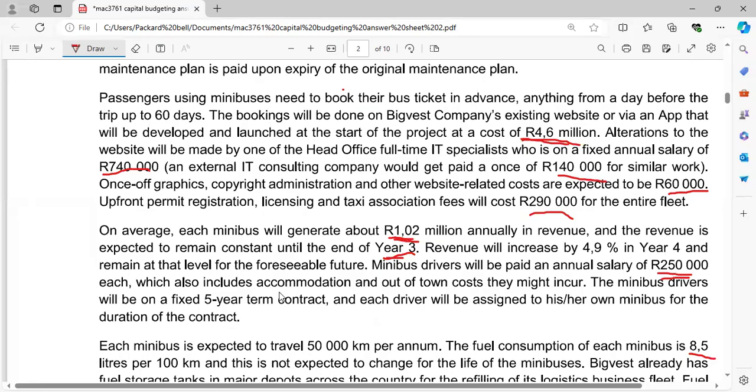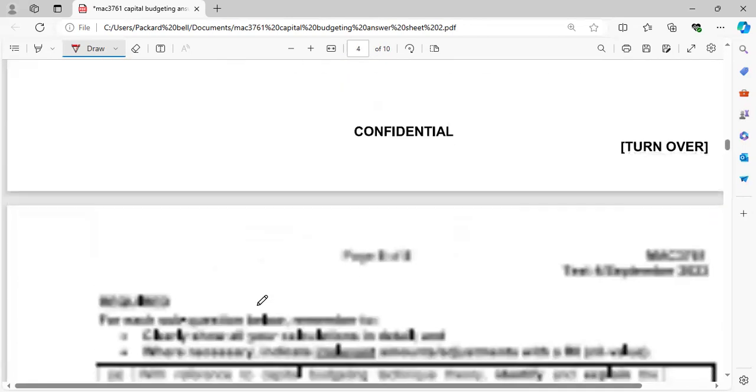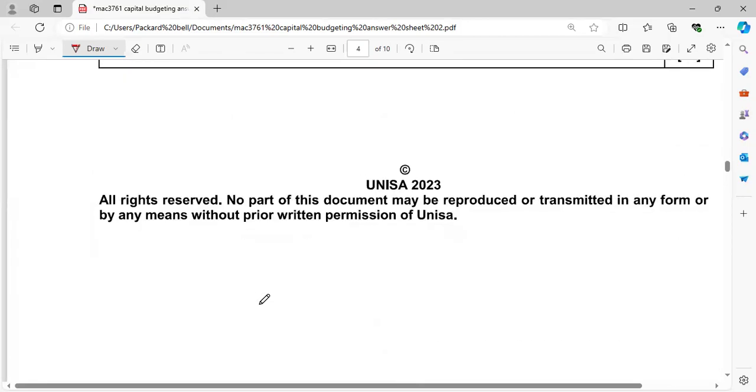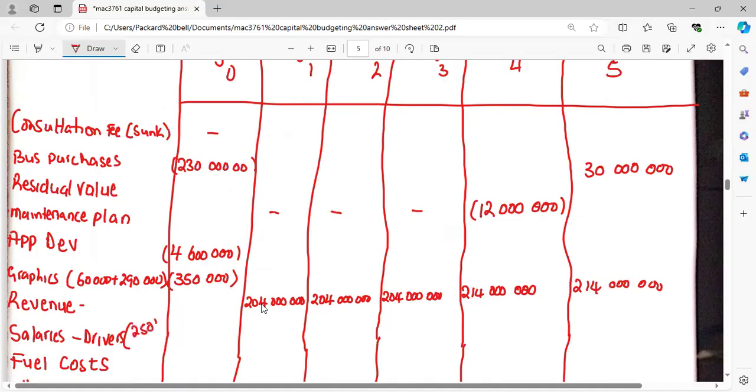So each driver is going to have 250,000, and we have 200 drivers here. So we just multiply 250,000 times 200. We don't need a calculation for this one.